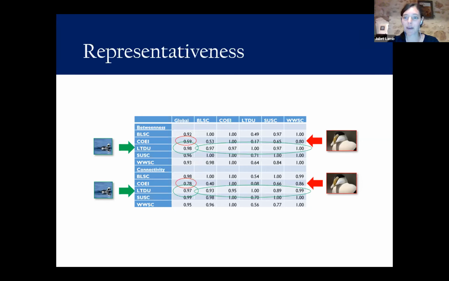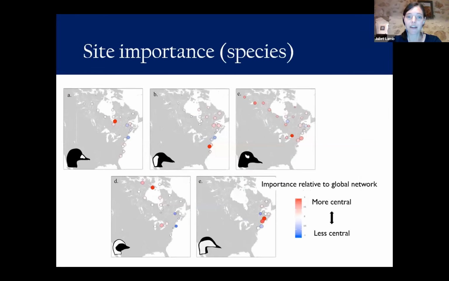They come across as being a species that gives you probably the most insight into what's going on in the network as a whole. And then finally, you can start to break down what are the most relatively important sites for each species. So where are those species using the habitat more than the rest of the species, to get an idea of what may be driving differential trends in different species or different populations.